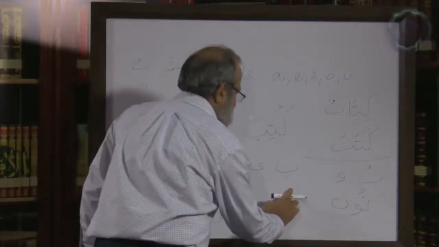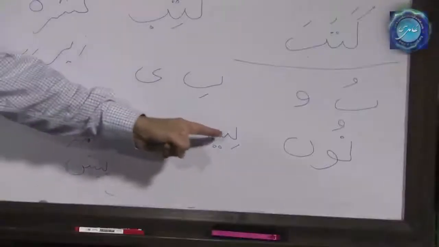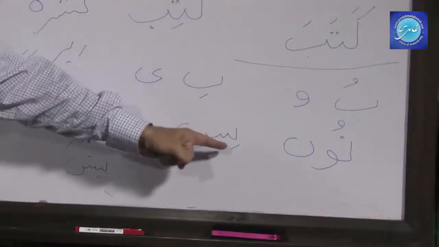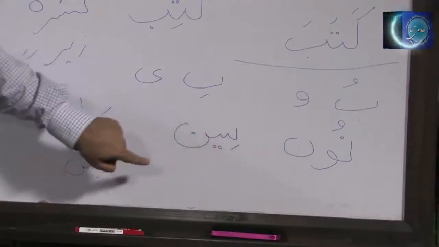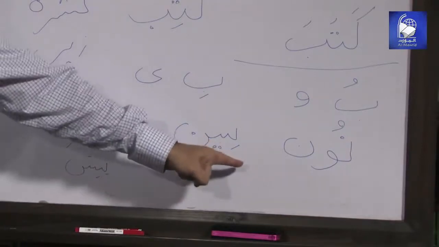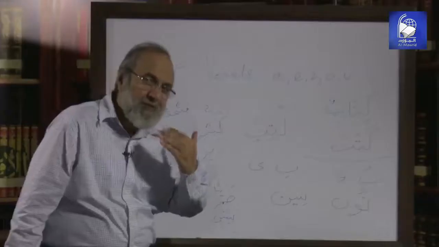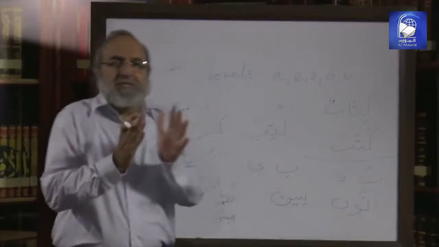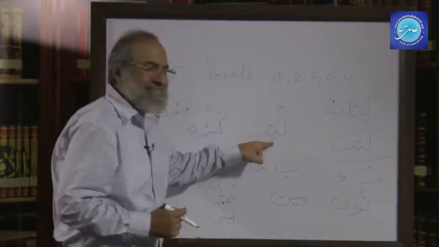What you find is that seen, with a kasra, is immediately followed by ya, its partner alphabet, and the sound is prolonged, extended. It's not like here, kutiba.